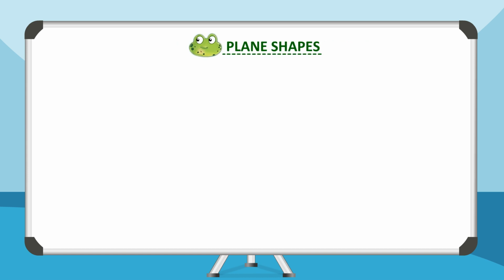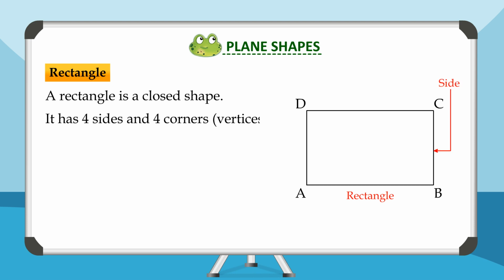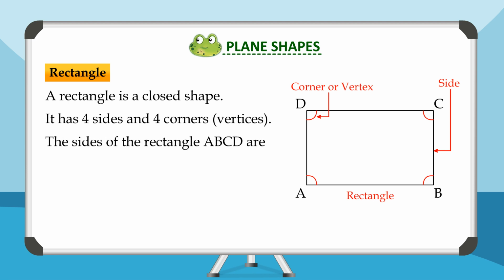Plane shapes. Rectangle. A rectangle is a closed shape. It has 4 sides and 4 corners, vertices. The sides of the rectangle ABCD are AB, BC, CD, and DA.